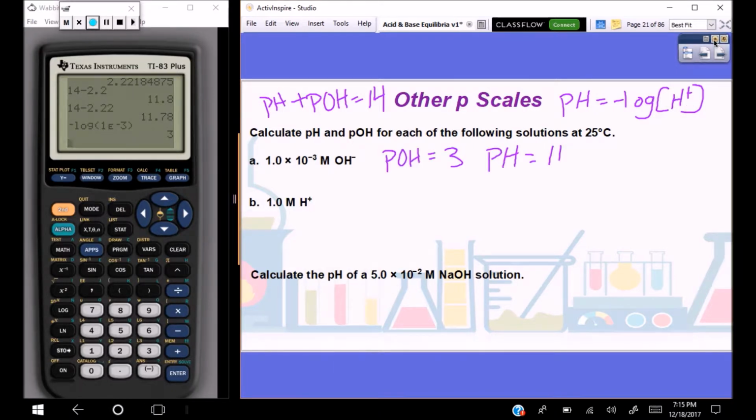Okay, so pOH is equal to 3. And then 14 minus 3 gives us 11, so the pH is equal to 11. All right, try this for B. Okay, so negative log of 1. Anytime you do negative log of 1, you get 0. So pH is 0. If pH plus pOH is equal to 14, pOH has to be 14.